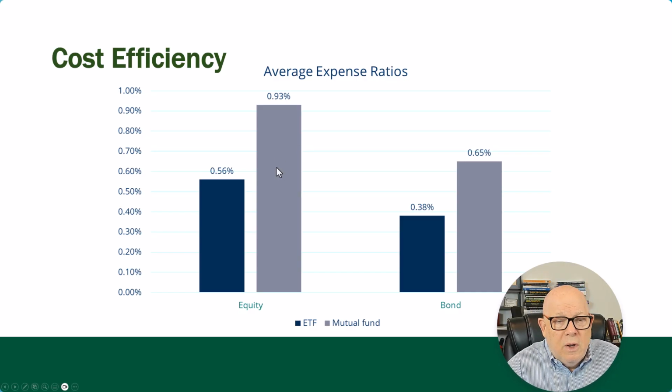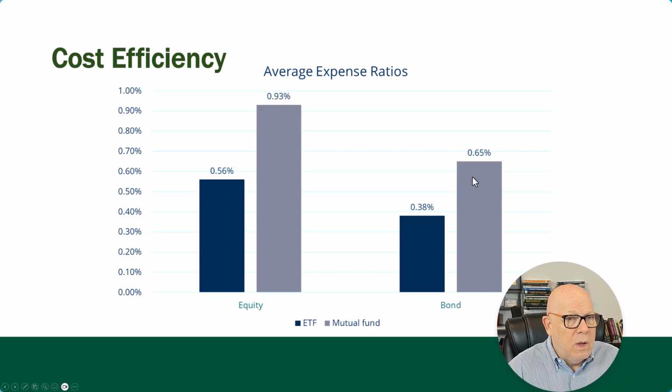But on average, if you look at stocks or equities, the mutual funds that are invested in stocks, the average expense ratio is about 0.93%. So again, anything higher is going to be high, anything lower is going to be lower, but some are going to be lower than others. If you look at ETFs, the average equity ETF has an expense ratio of almost half, 0.56%.